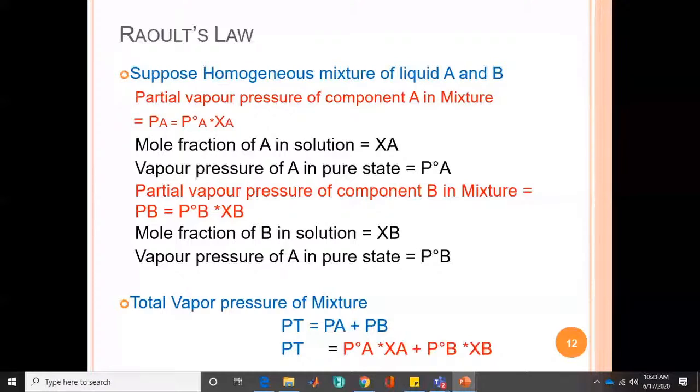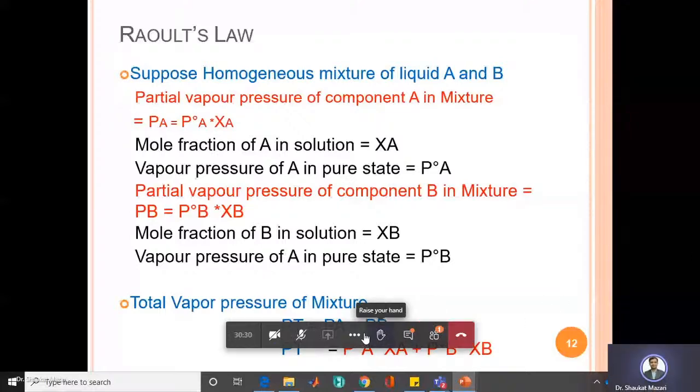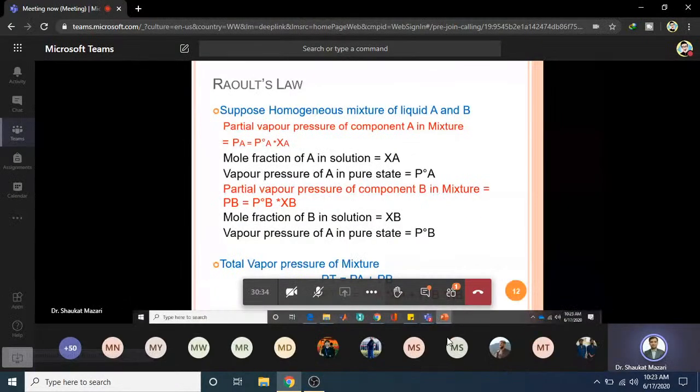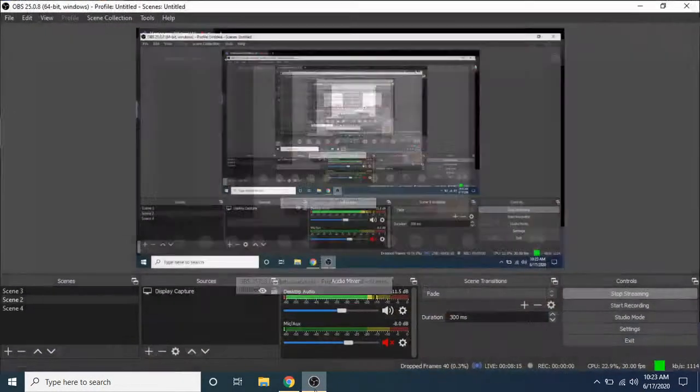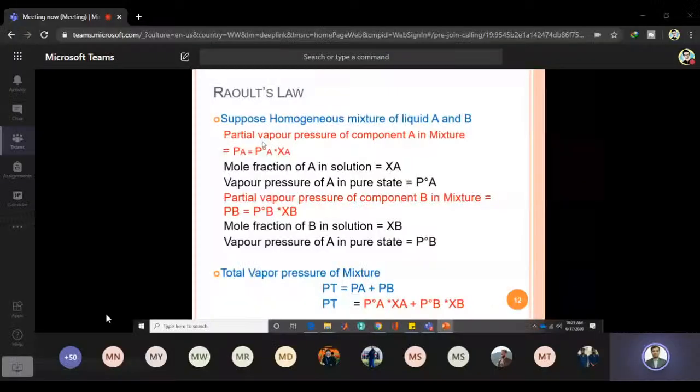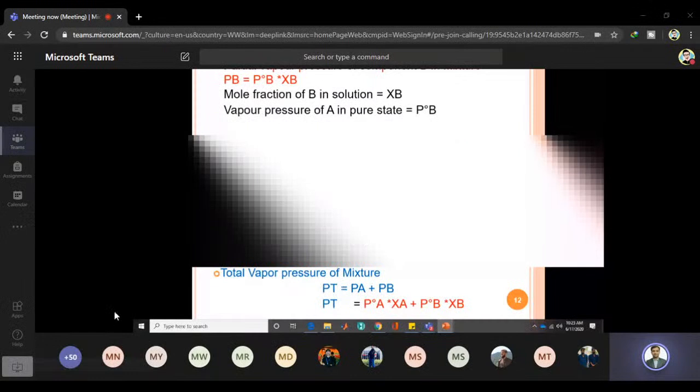And mainly the solution must be ideal, because if that is ideal, their partial pressures do not change when they are in mixtures, right? So their partial pressure in their pure form multiplied by their mole fraction will give us the partial pressure of that component in the mixture.